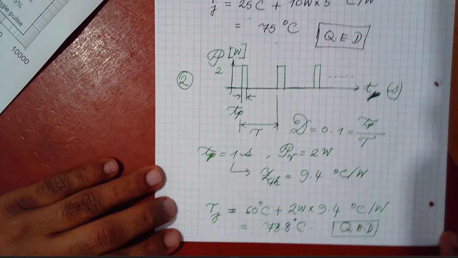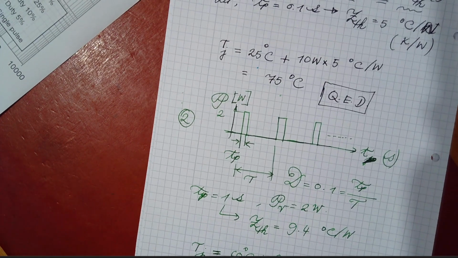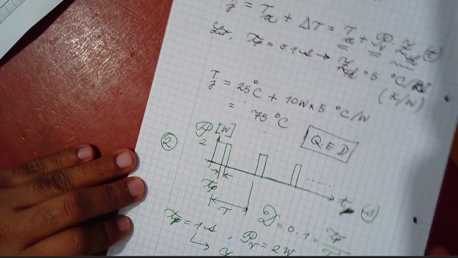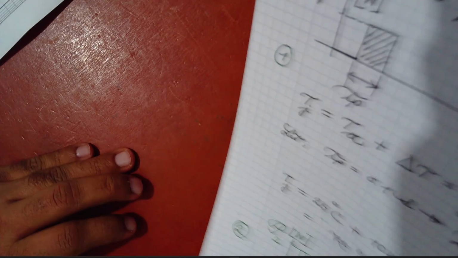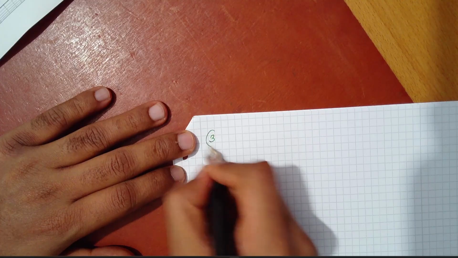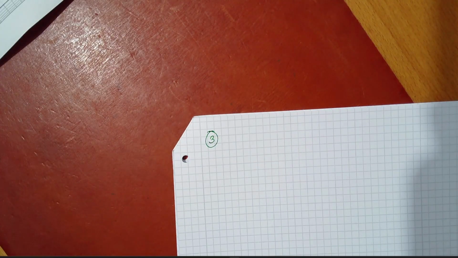I would like to calculate one more case, which is a little special for our calculation. So I'll call it example 3. At this point, we will have an offset as well in the pulse of power.